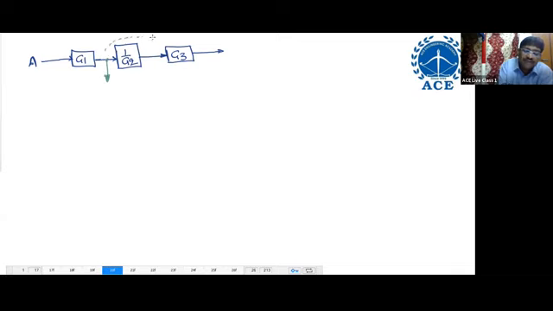Shift after these two blocks. And one more take-up point you take here. This is 2. Take-up point 2. Shift after these two blocks. This is 1. Draw the equivalent diagram. Come on. Draw the equivalent block diagram.